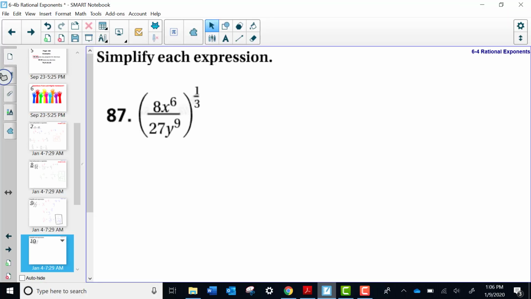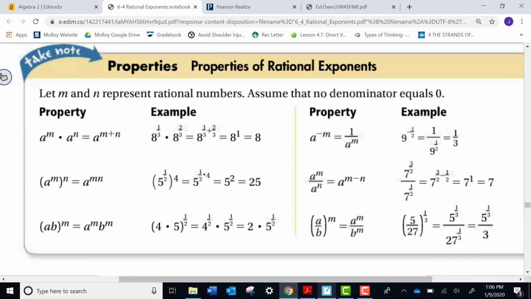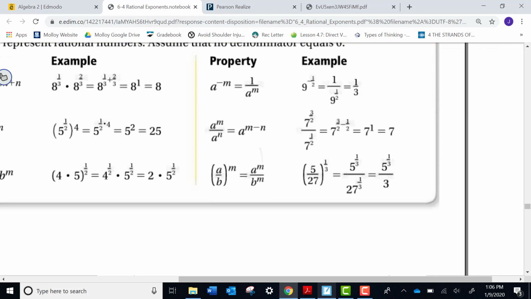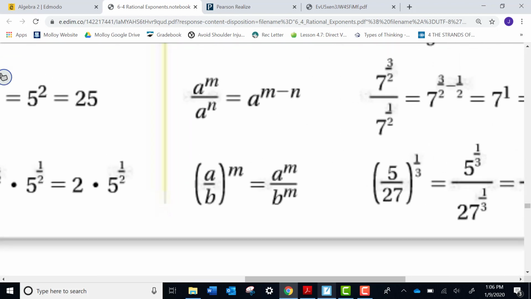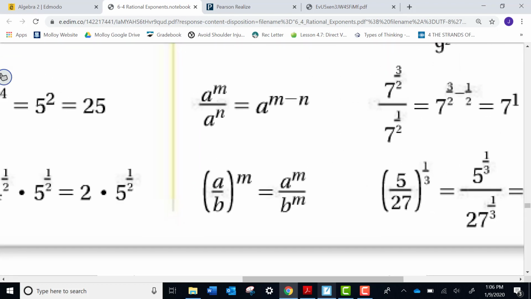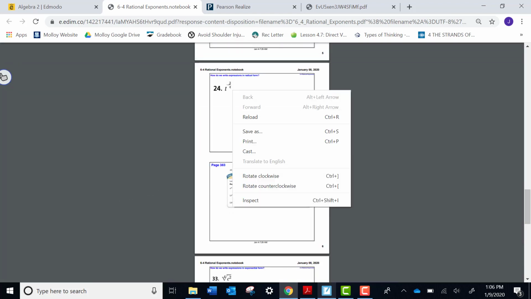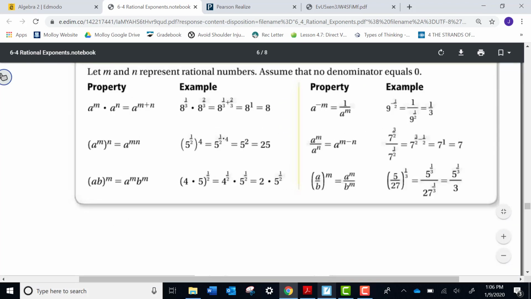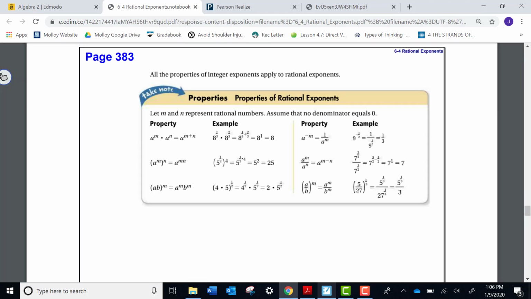Last one. So the rule, in case you don't remember, it's this rule over here. If you're raising a fraction to an exponent, the exponent goes to the numerator and the denominator, both factors. If you have multiple factors, the exponent goes to every single factor.